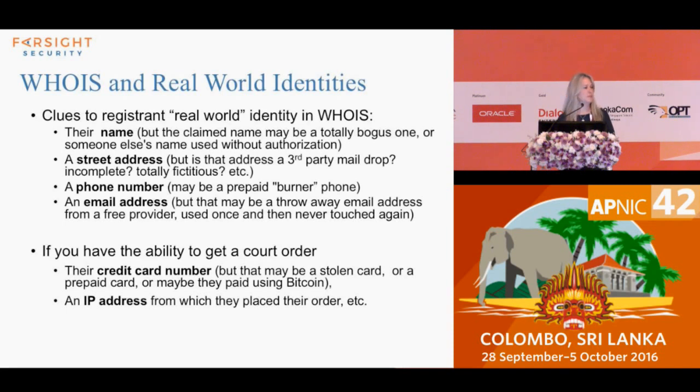Same with phone numbers and email addresses. I know that ICANN and other entities are looking at making the WHOIS much more reliable and trustworthy. We're not there yet, but it's not untrustworthy either. And so I know it sounds kind of funny, but this is why you want the checks and balances.